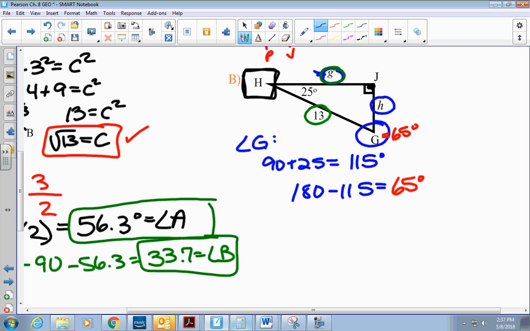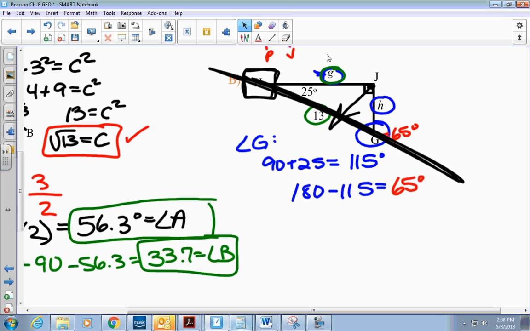So across from the 90-degree angle. If I were to go on, does this line ever touch the 90-degree angle? No. So it's got to be the hypotenuse. So that's your test.